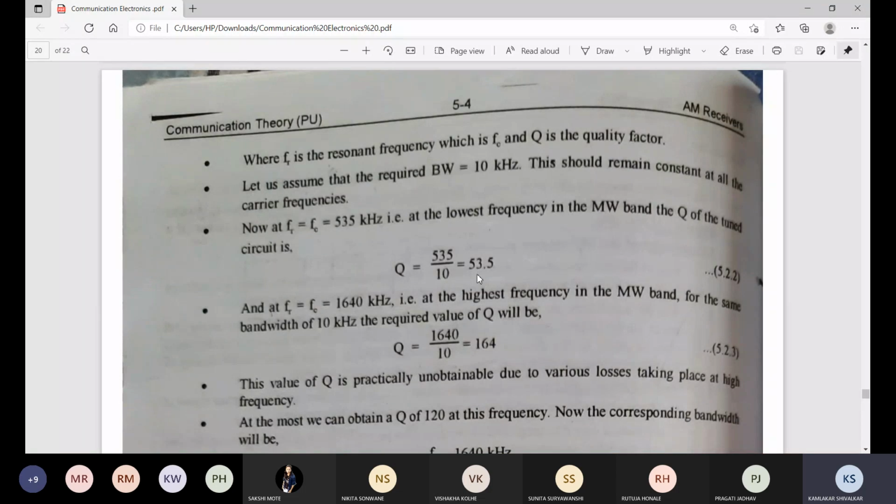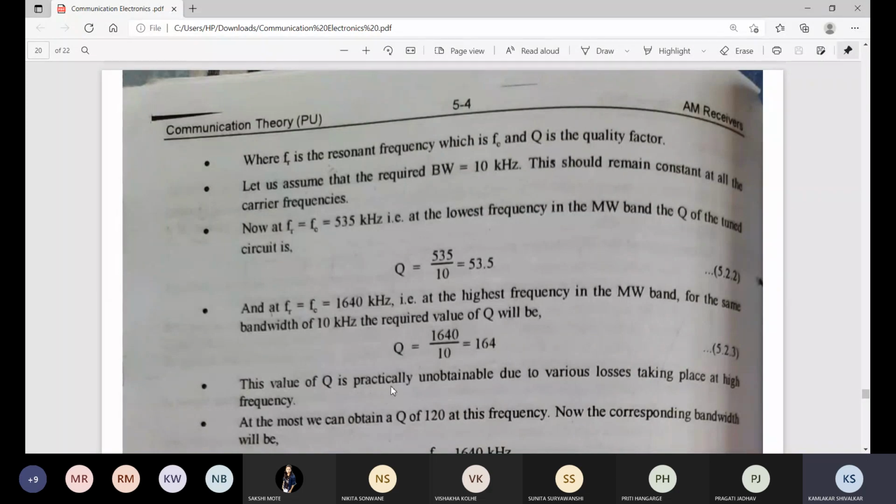So the quality factor is 53.5. At the higher frequency FC equal to 1640 kilohertz, the highest frequency in the medium wave band, for the same bandwidth of 10 kilohertz, the required value of Q will be 1640 upon 10, which is equal to 164.